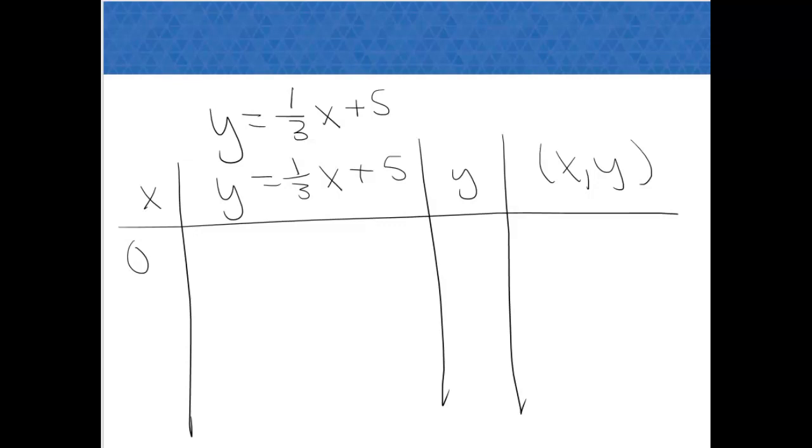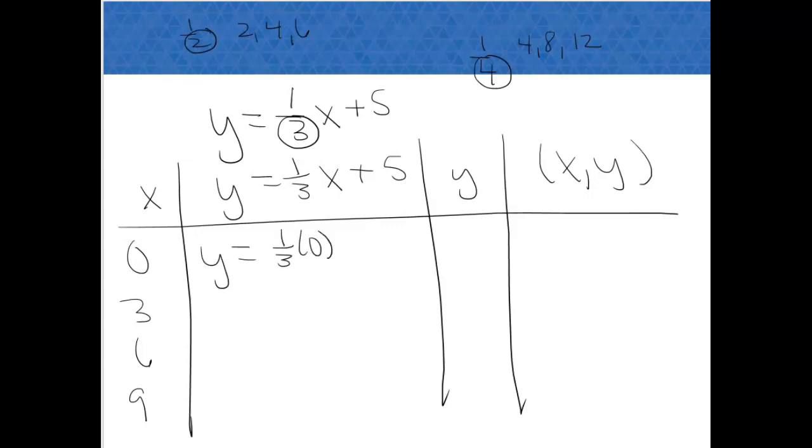So you want to pick multiples of the denominator. So 3, 6, 9. If this was 1/4, you'd pick 4, 8, 12. If it was 1/2, you could pick 2, 4, 6. So you want to pick multiples of the denominator. So you'll see why here in just a second. 0 always will work, because 0 times anything is 0.